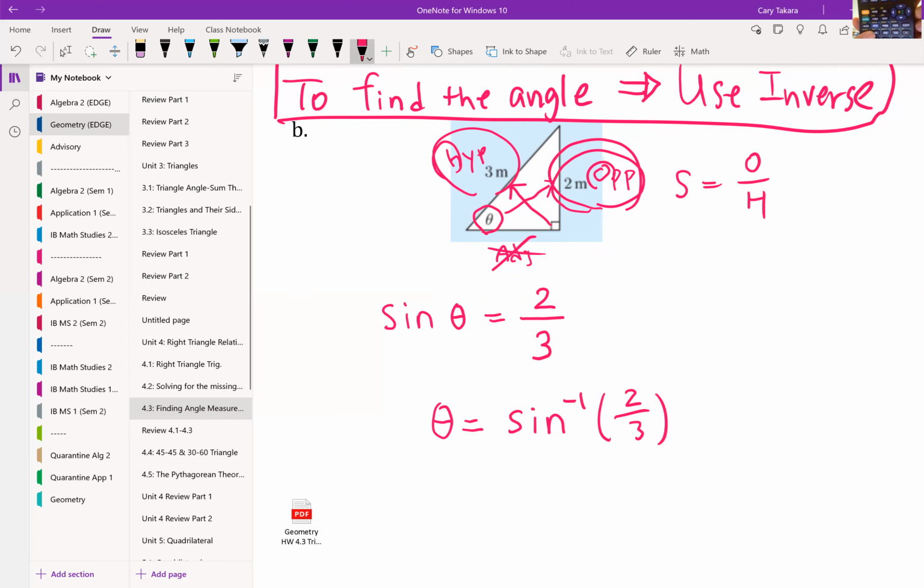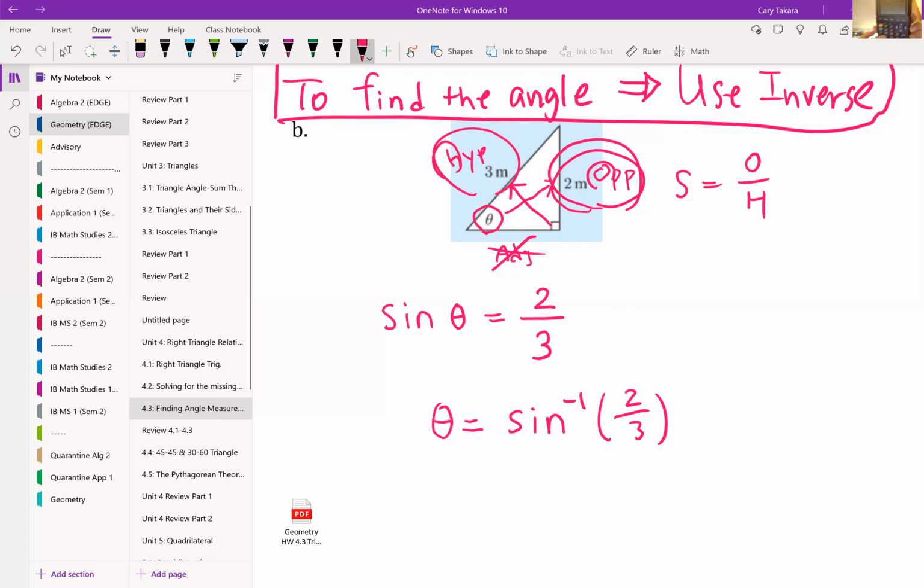You need to get to that. For my calculator, I have to press second and sine. So I'm going to do that. I go second and sine. You see, now I got the inverse sine.